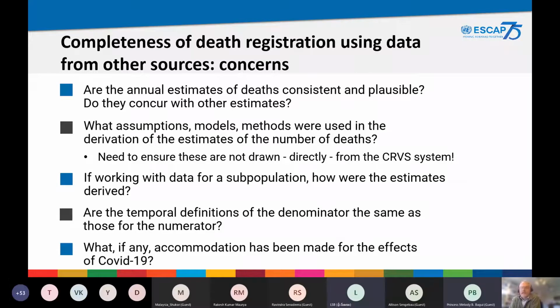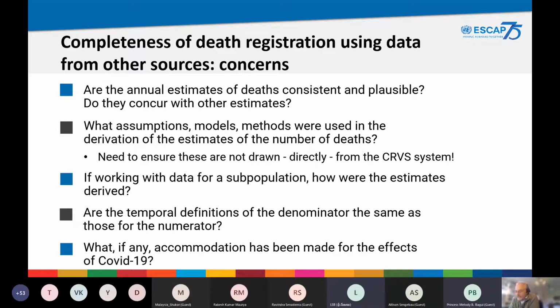And so you need to ask yourself and check exactly what is the definition of a year in any alternative data source. It might be that the year refers to the year ending on the 1st of January. It might be the year starting on the 1st of January, or in some cases, it might be a year starting on the 1st of June, 1st of July and going to the 30th of June the following year. And so you do need to ask yourself the question about the temporal definitions of those denominators.